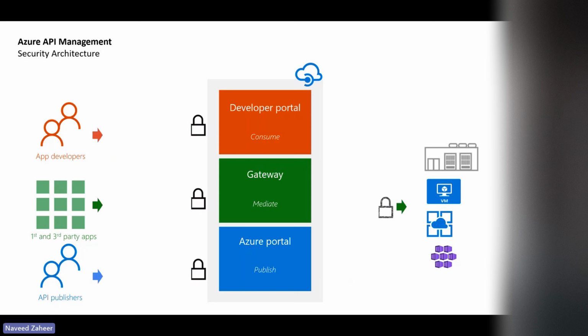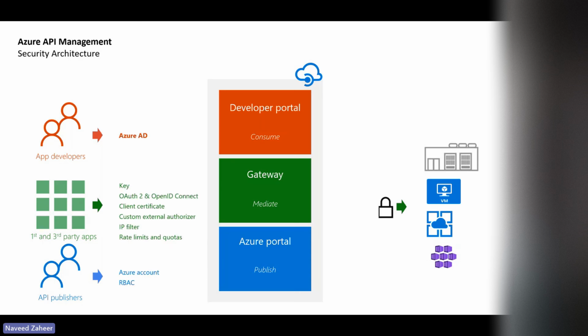So this is the high level architecture of where we talk about API management. As you can see here, this is the authentication piece we are talking about. You have the middle tier, you have a developer portal. This is where you are going to be consuming those APIs. You apply for subscriptions and all that. You have the gateway, which is the key piece, which is the actual broker, which does the actual brokering of the API.